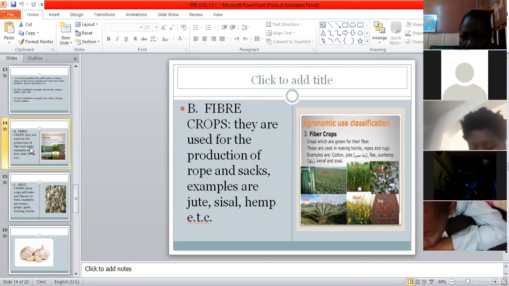You all know what cotton is being used for. It is used in the production of textile, fibers, or fabrics. Then rugs are manufactured from fiber crops. Examples of fiber crops are jute, sisal, hemp, kenaf, flax, and then cotton.